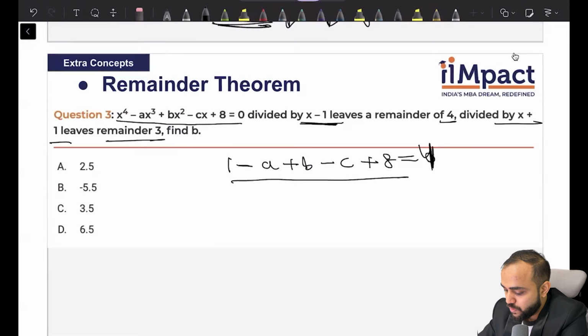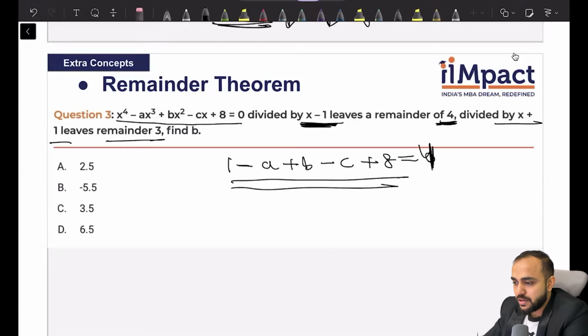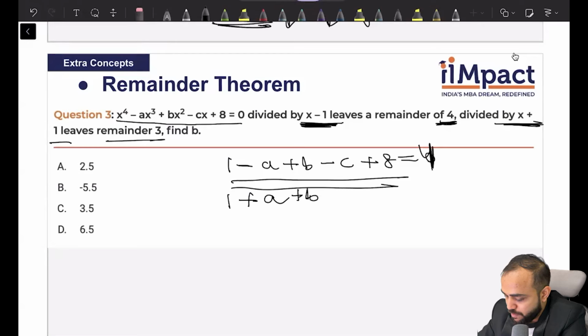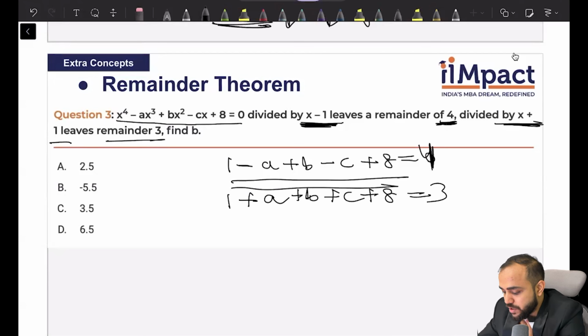This is the value when I'm putting x is equal to 1, and that should be equal to 4 because it's the remainder. The same thing I will do with minus 1. So I'll get 1 plus a plus b plus c plus 8 is equal to 3. If I add the two equations, a and c will cancel out. I will be left with b. Yes?